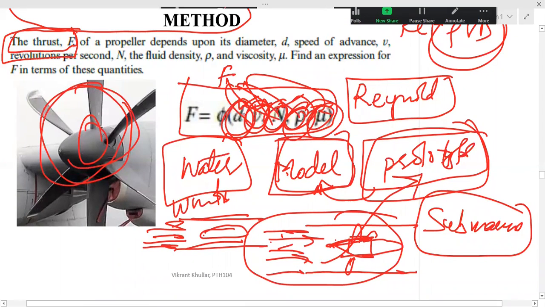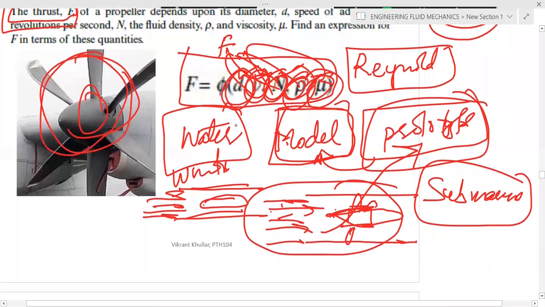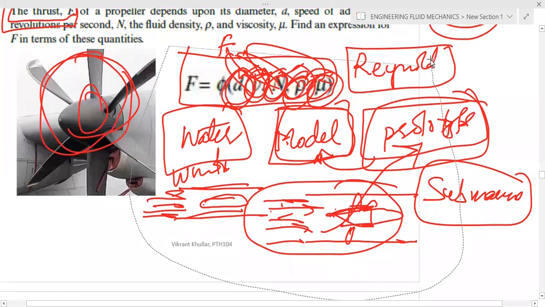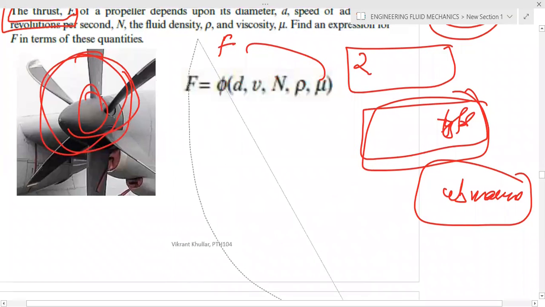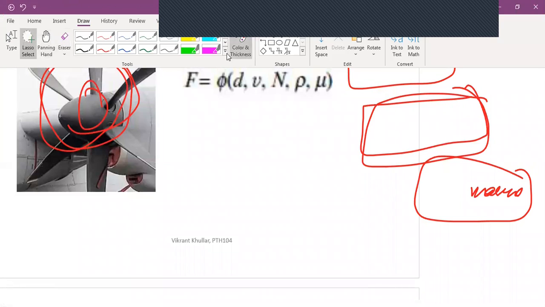So to build up the relationships and to build up the non-dimensional numbers, what you do is you carry out the dimensional analysis. So dimensional analysis means you will actually make sure that this is a dimensionally homogeneous equation. So what do you mean by dimensionally homogeneous equation?